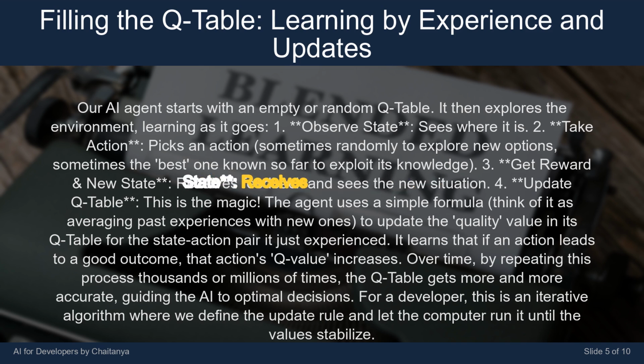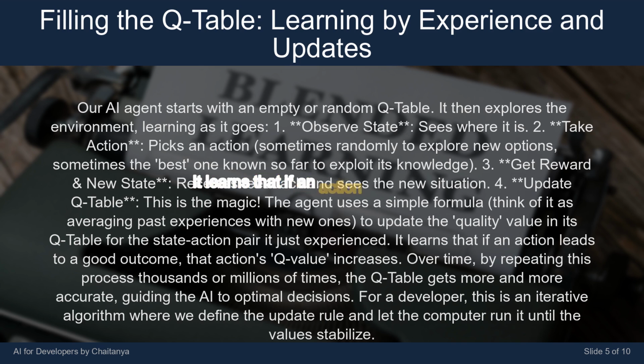Get reward and a new state, receives feedback and sees the new situation. 4. Update Q table. This is the magic. The agent uses a simple formula. Think of it as averaging past experiences with new ones, to update the quality value in its Q table for the state action pair it just experienced.